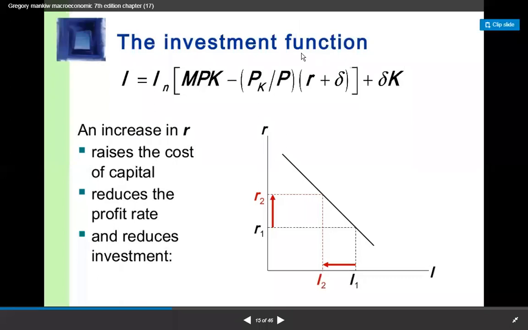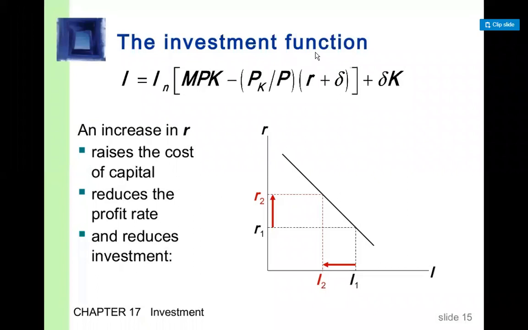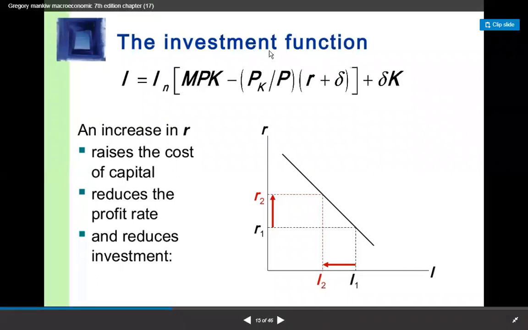We derived the investment function in such a way that investment equals net investment plus replacement of depreciated capital, where mostly we see that investment is a function of real interest rate. That is mostly considered the price of investment.